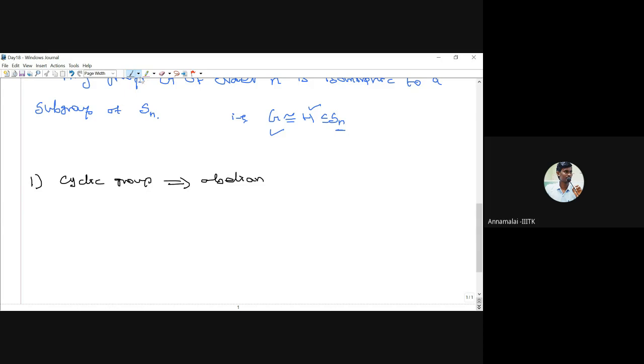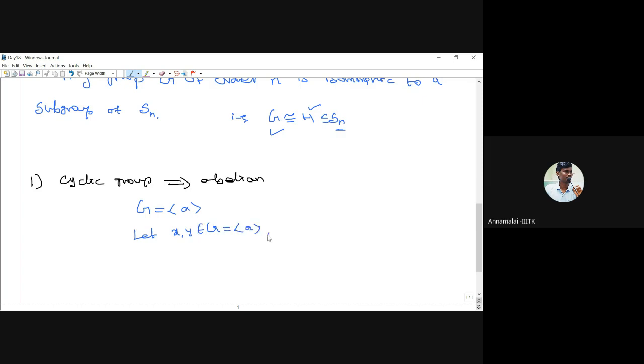Why? The proof is simple. Suppose G is a cyclic group, therefore it is generated by some single element, say a. Now we have to prove that G is abelian, that is, for any two elements x, y the commutative property xy equals yx is satisfied. We take two elements x, y in the group G. But G is generated by the single element a.